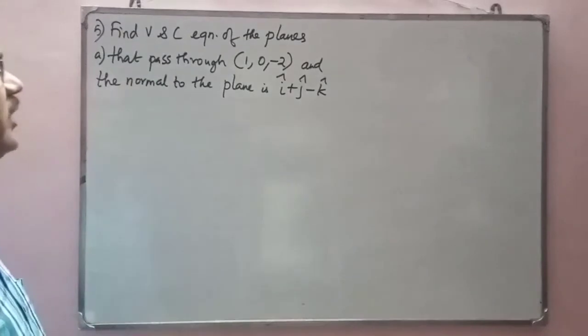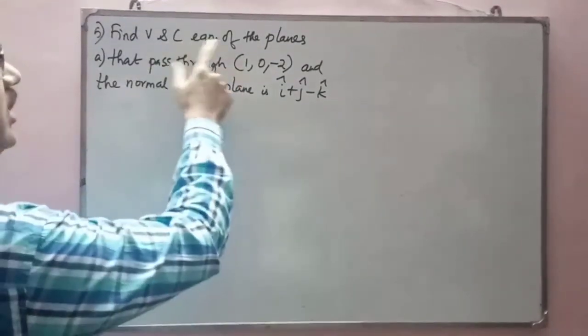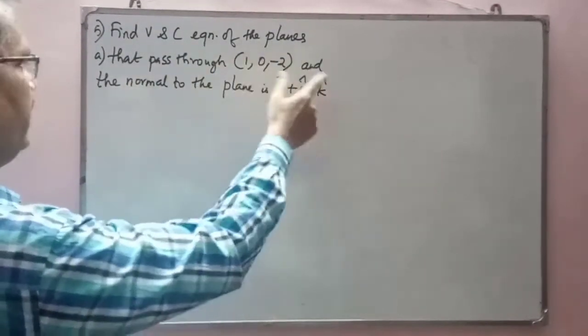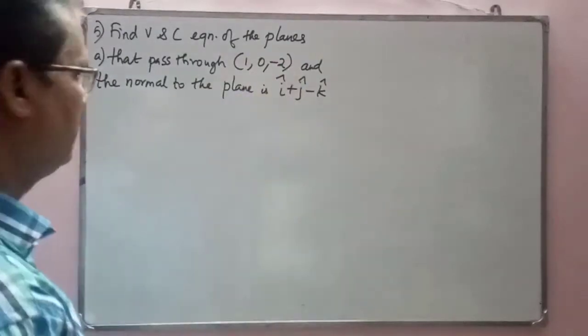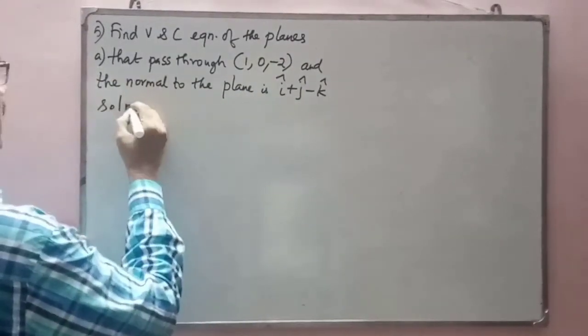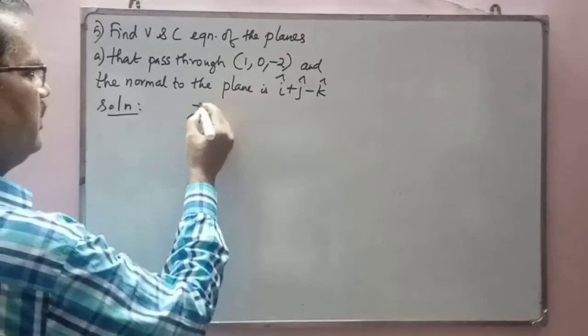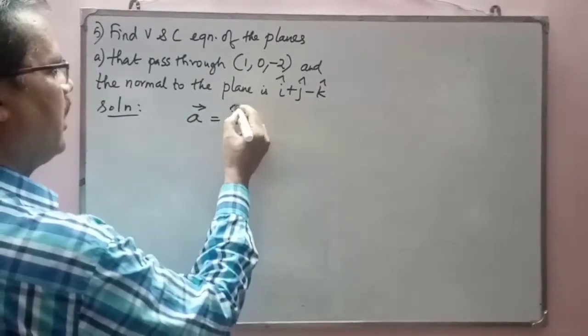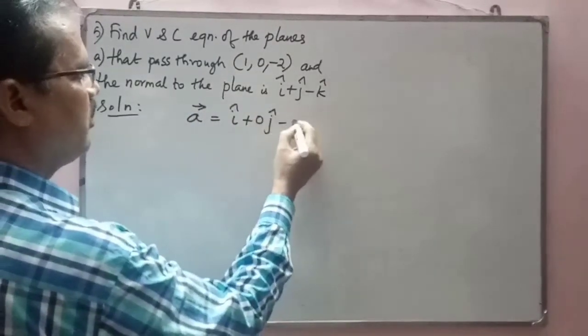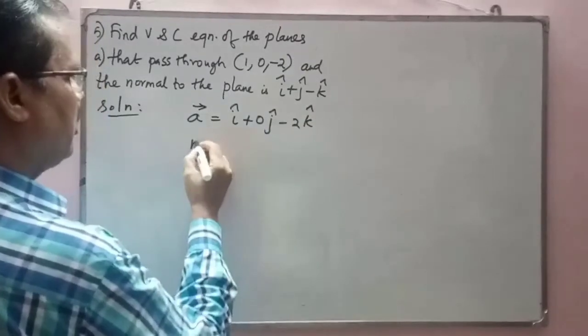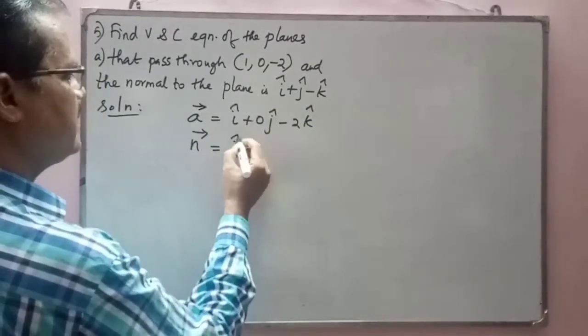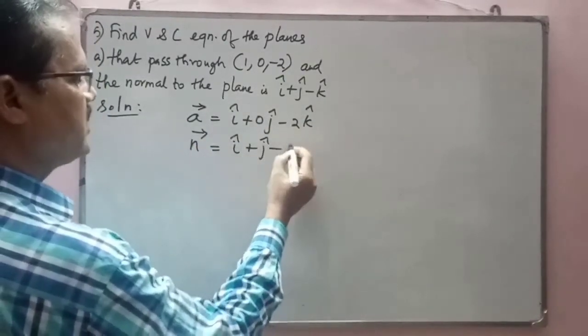This question, children: find the vector and the Cartesian equation of the plane that passes through this point and is normal to the given plane. Now let us write whatever is given. A vector is given, i plus 0j minus 2k, and the normal vector n vector is also given, i plus j minus k.